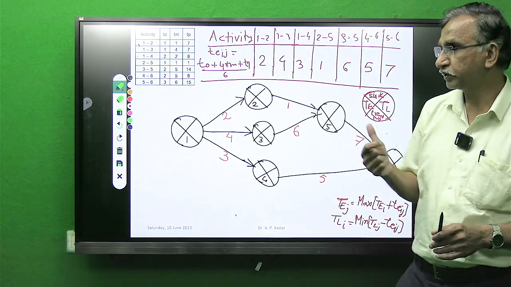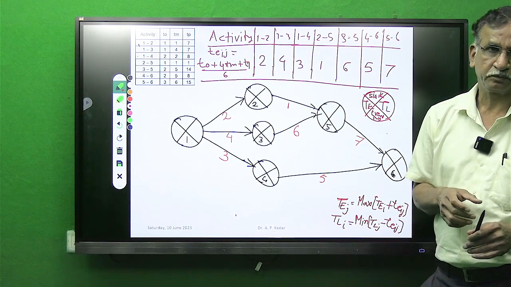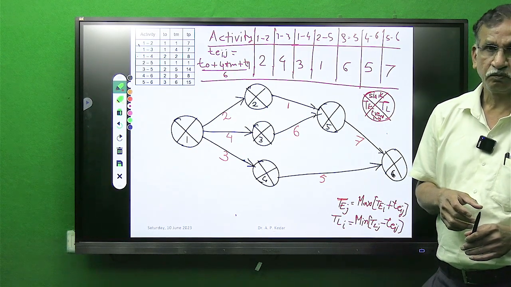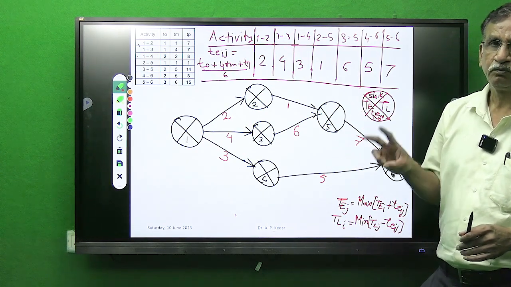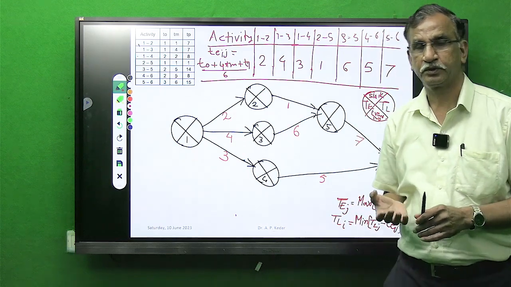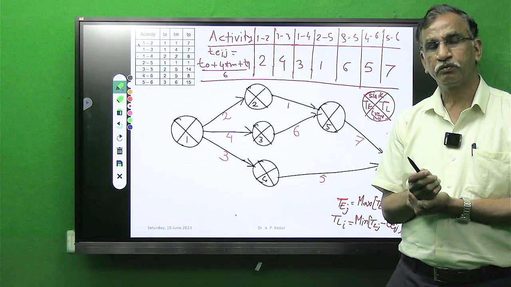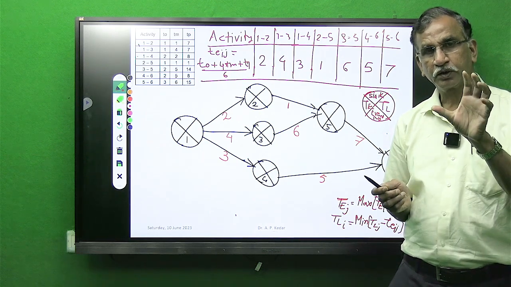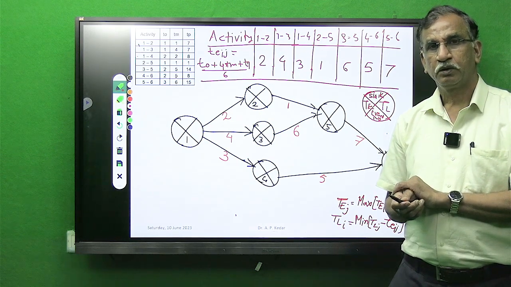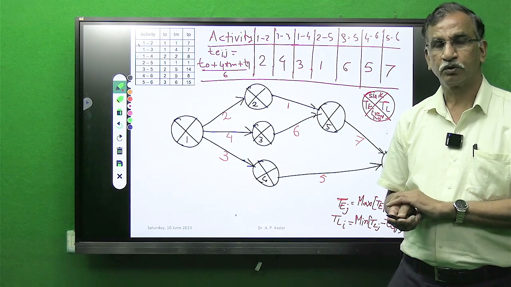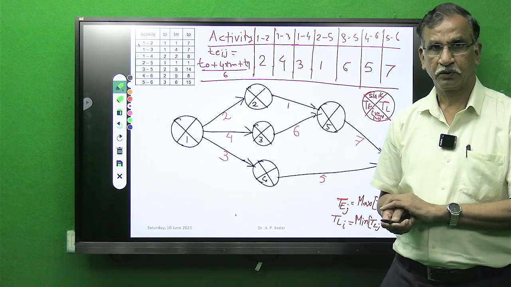In that we were supposed to find the critical path. Once we find the critical path, we have to find the probabilities, and for probabilities we know that we need one of the important tables called the normal distribution table.